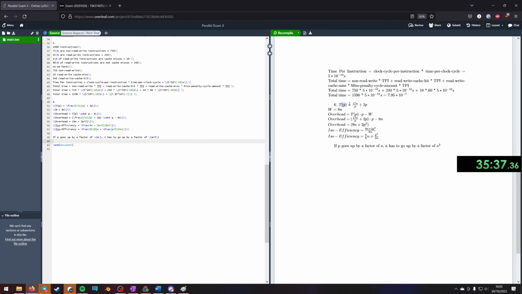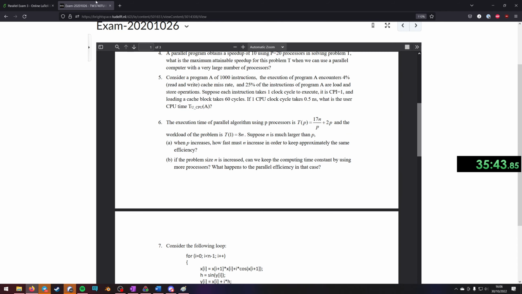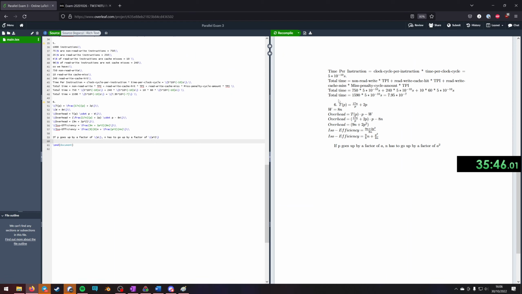Problem size n is increased. How can you keep your computing time constant? Suppose n is much larger than p. Then yes.